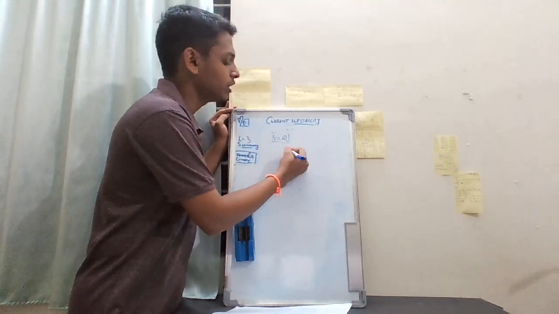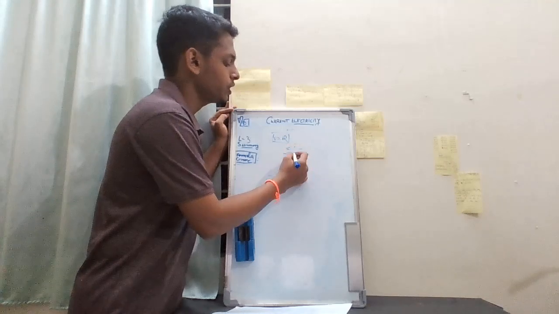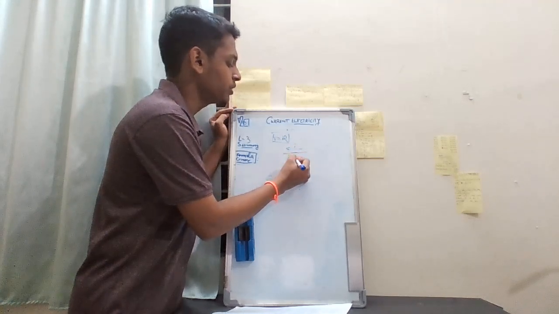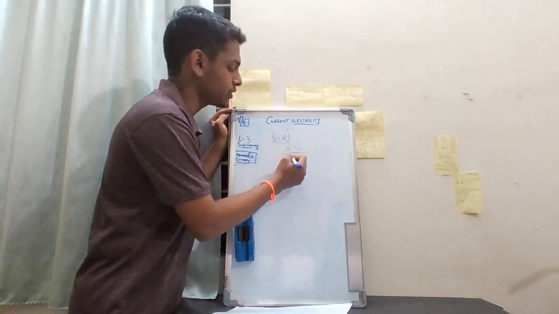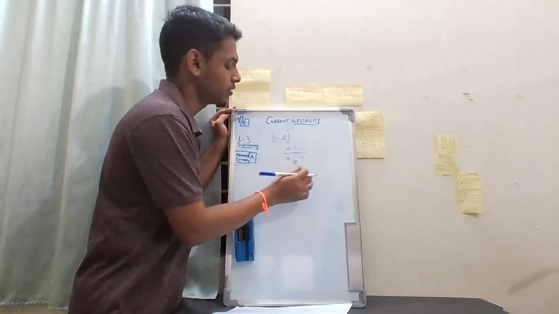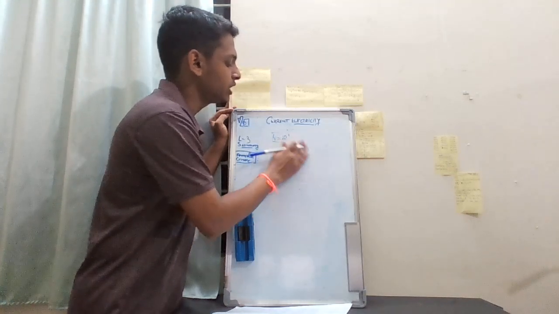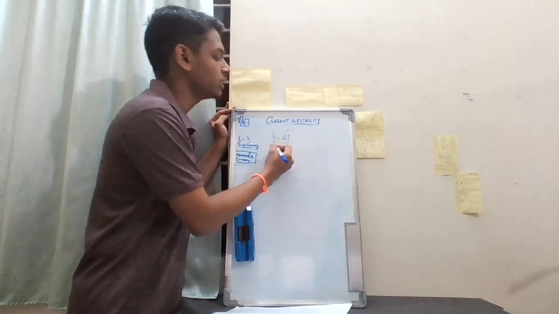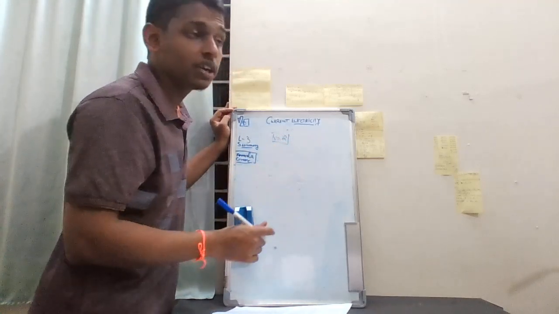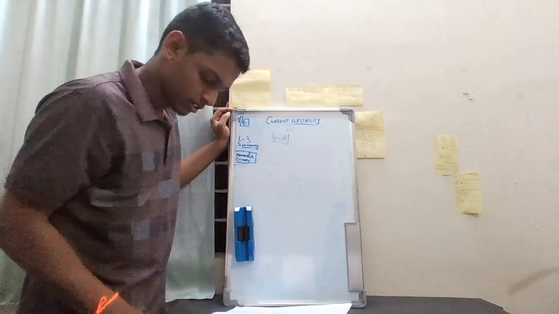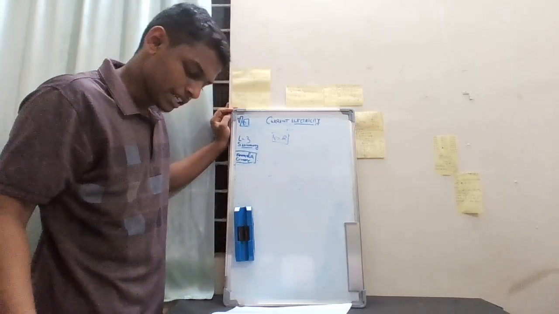If we say current is going here, then if we go from here to here, V will decrease, which is I into R. But if we go in the opposite direction of the current, which is lower to higher potential, obviously it will increase.